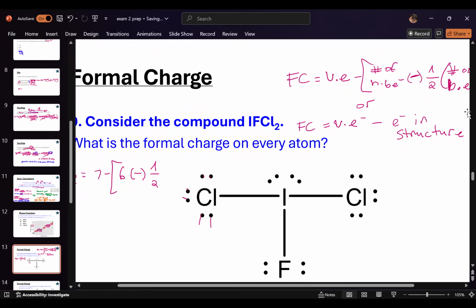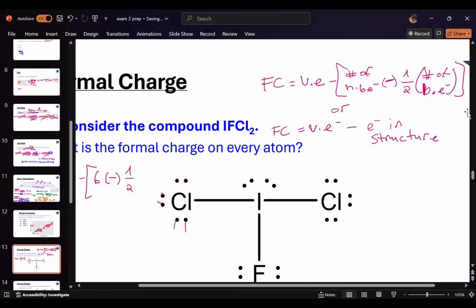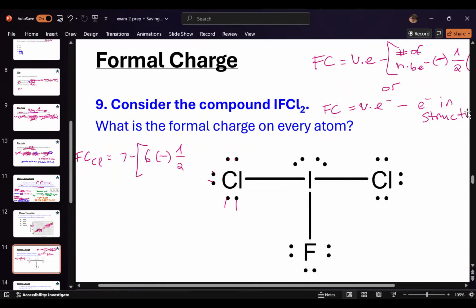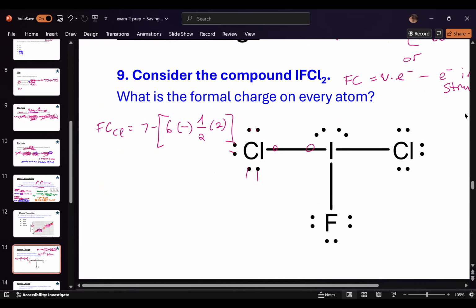Minus half of the number of bonding electrons. So 1, 2. This is telling us 1 times 2 is 2, divided by 2 is 1. 6 minus 1 is 5. 7 minus 5 is plus 2.